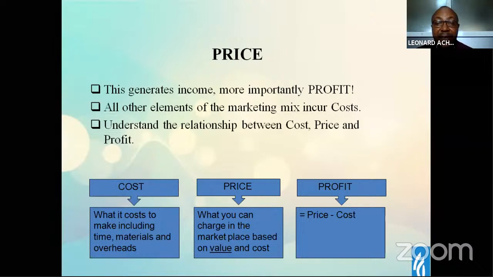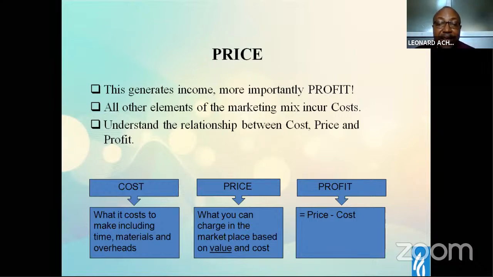And so price is key. Furthermore, to look at the relationship between cost, price, and profit, you can see in the diagram below that cost is what it takes to produce an item in terms of the time, materials, and overhead cost. All of this put together brings out the product ready for the end users.